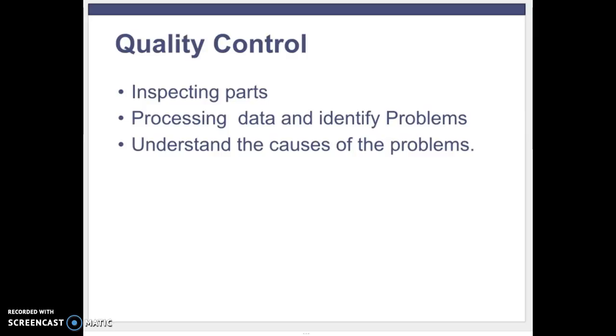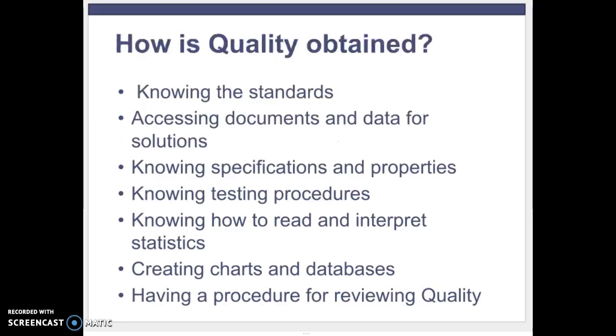When we talk about quality control, most companies do it in a very specific way. They inspect parts, they process data and identify problems, they understand causes of problems, and it's important we understand how quality is obtained. Quality is obtained by each employee knowing the standards, having access to the documents and data for solutions.